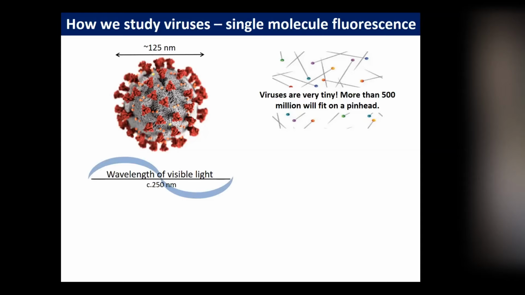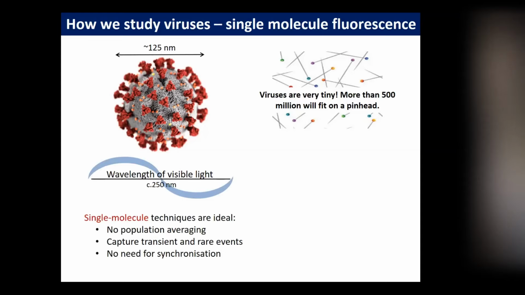It's important for imaging. Because they're so tiny, the techniques that we use are single molecule techniques, and these are really ideal for looking at viruses. You don't get any averaging. You can capture really rare and transient events. You don't need to synchronize your population.